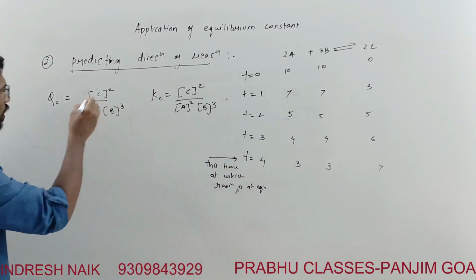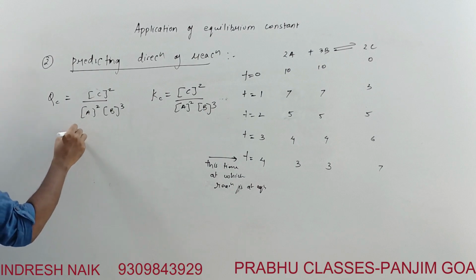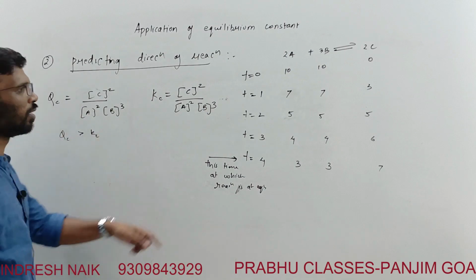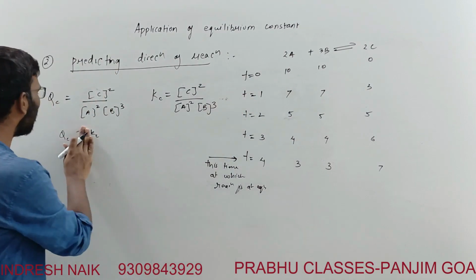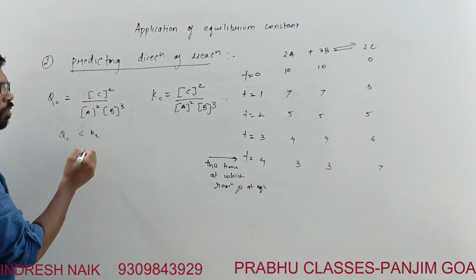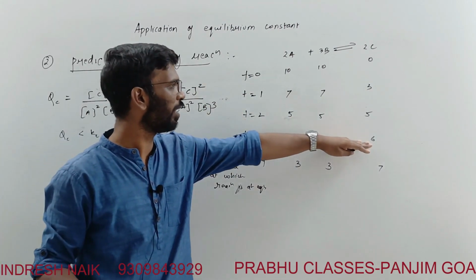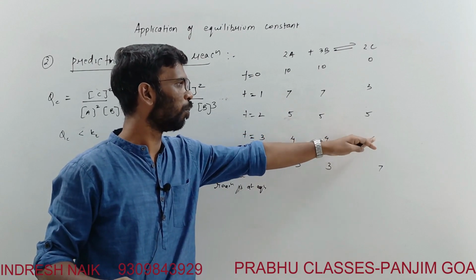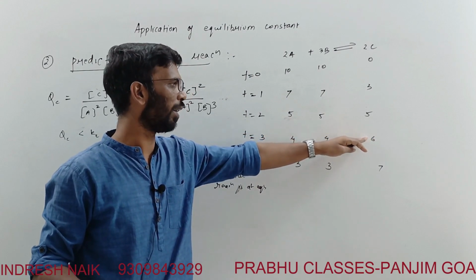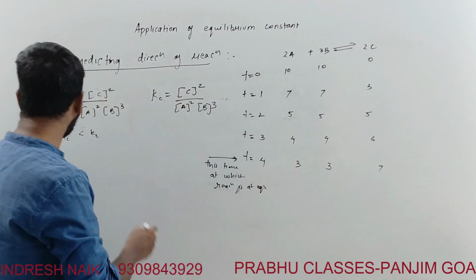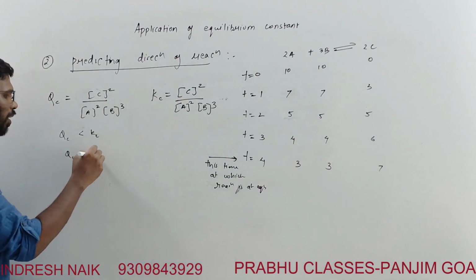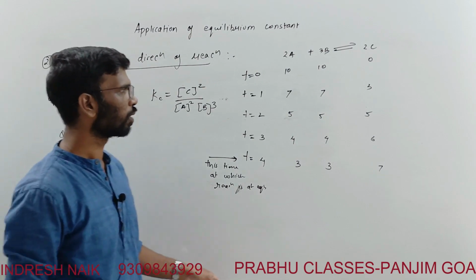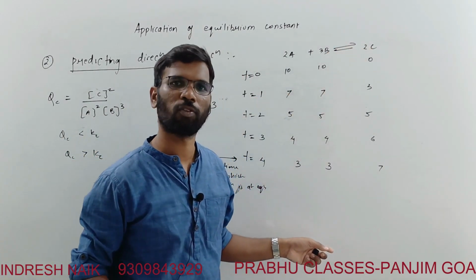So here it says, QC greater than KC means what? Or QC less than KC means what? The reaction is somewhere here only, with more product and less reactant. But QC greater than KC means you add some more C from the external source.